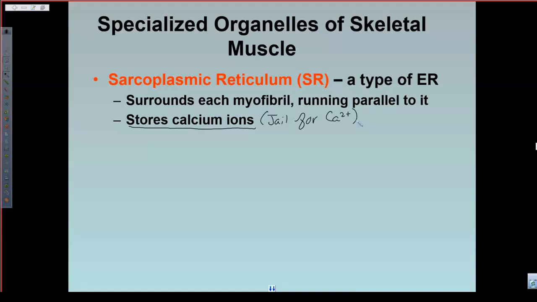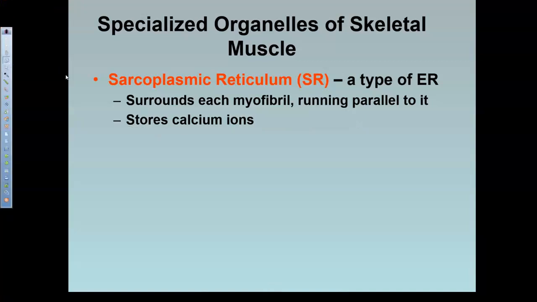So basically, calcium is stored inside the sarcoplasmic reticulum. And just as most people in jail would like to get out, the calcium actually would like to get out too. But it's behind some locked doors. So we're going to be talking about how they're going to get out of that locked jail in the sarcoplasmic reticulum.